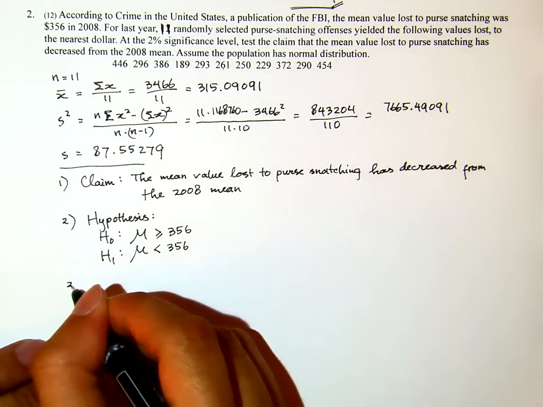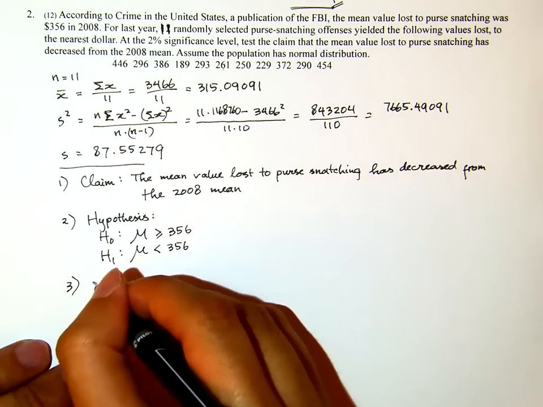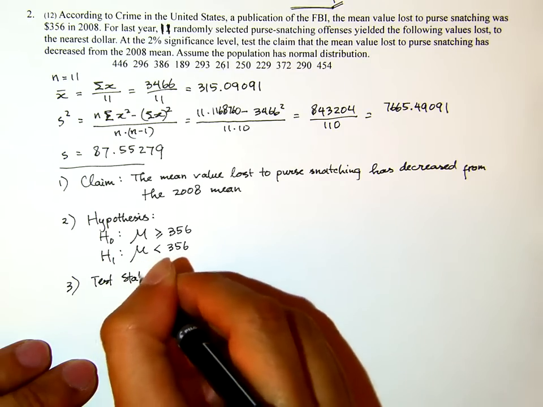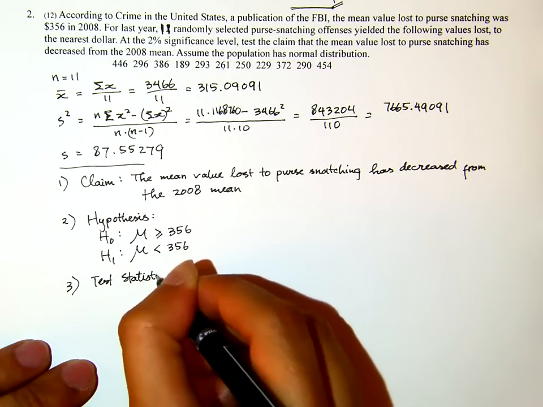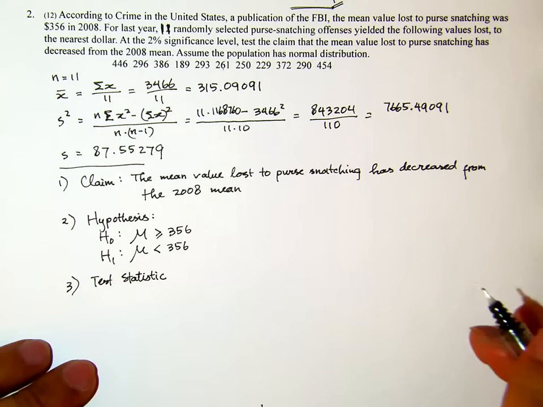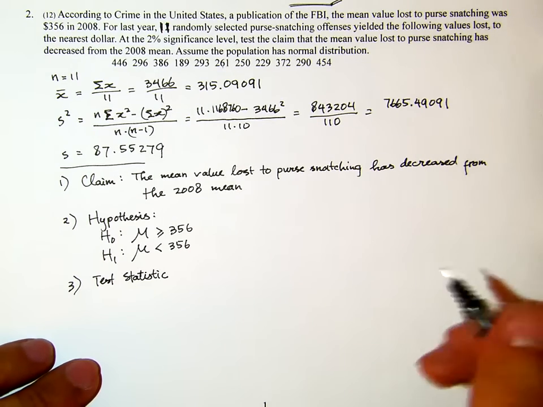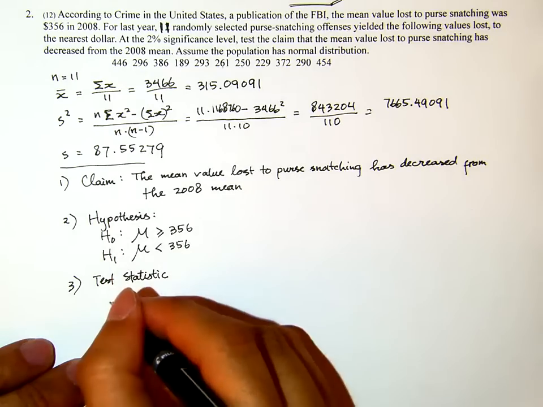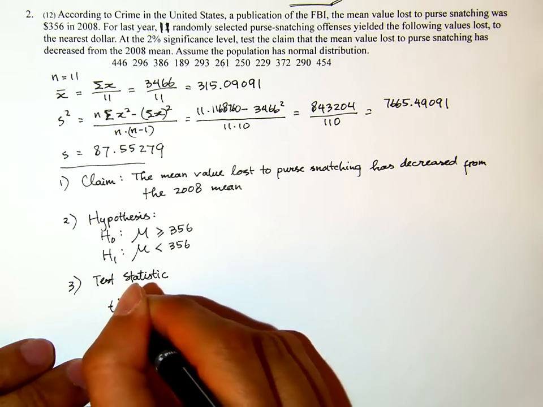Now step 3, the test statistic. Notice that we are doing hypothesis testing, testing the claim on mu, but we don't know the population standard deviation. What we know is the sample standard deviation. That way we will see that we are using t.